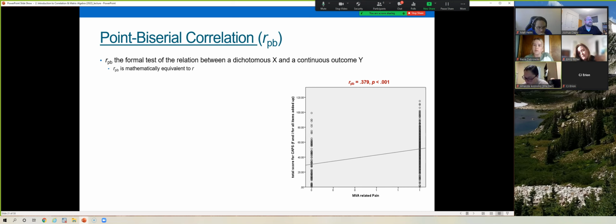Amanda, tell me exactly what's going on with this correlation. What is this correlation telling me? So for pain status, is 0 no? Yep. Okay.